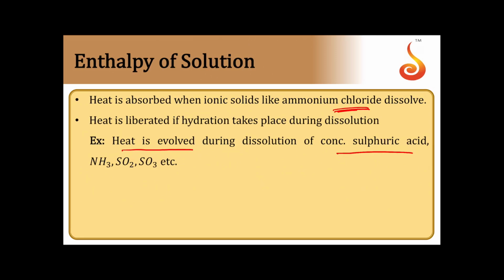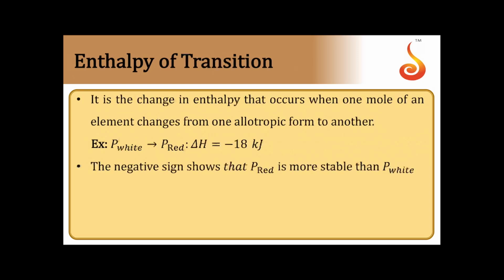It implies that they have more heat of hydration than their lattice enthalpies. So the heat of solution depends upon two energy factors: heat of hydration and lattice enthalpy. If heat of hydration is more, then delta H is going to be negative. If lattice enthalpy is more, then the heat of solution is going to be a positive value.